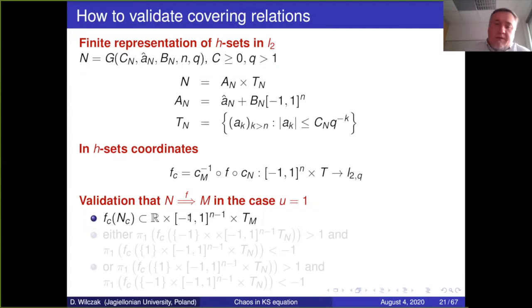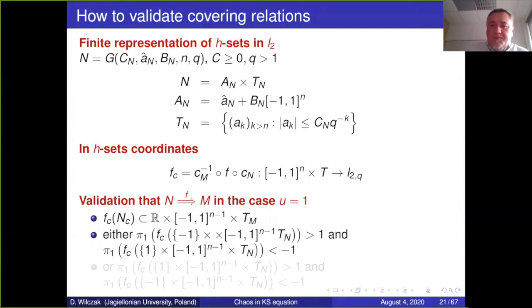That means that the image of my set N_c should be contained in this set. That means that I have to check actually n-1 inequalities for those coordinates. So absolute values of them should be less than or equal to 1. And the image of N_c should also be contained in T_M. That means that I have to compare only the constants if I assume that they have the same Q. So this is really a finite number of inequalities.